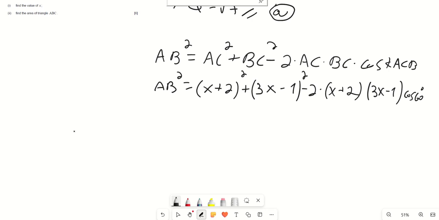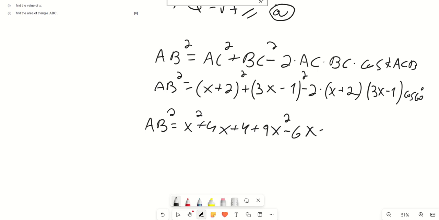So I'm going to develop this expression, and I'm going to get here x squared plus 4x plus 4 plus 9x squared minus 6x plus 1. And here I know that cosine of 60 is 1/2.